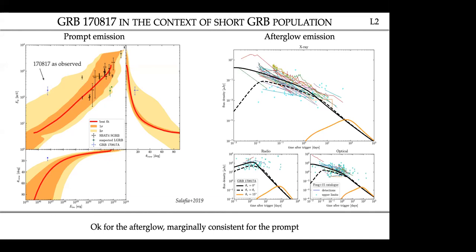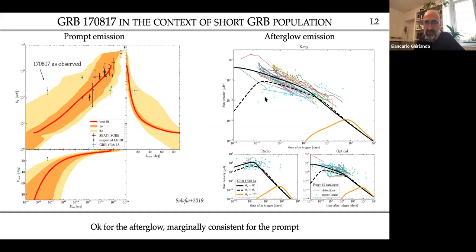So I'm not sure I understand the plot, because I was thinking of a plot where you showed what we had from on-axis gamma ray bursts, and then a point representing the on-axis view of 1708-17. So starting from what we observed and the modeling, putting it on axis, what we would have seen.